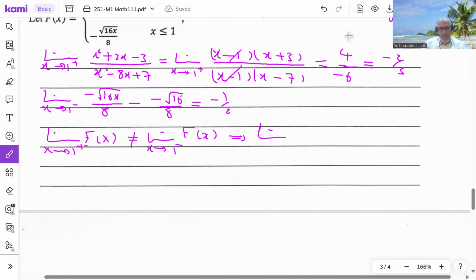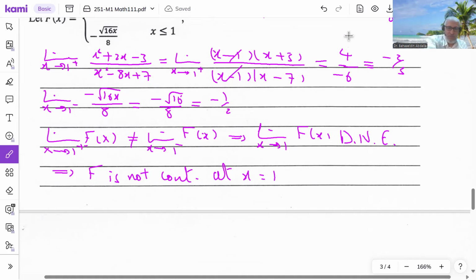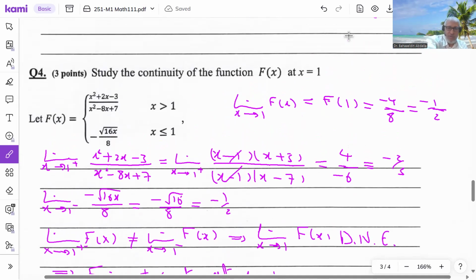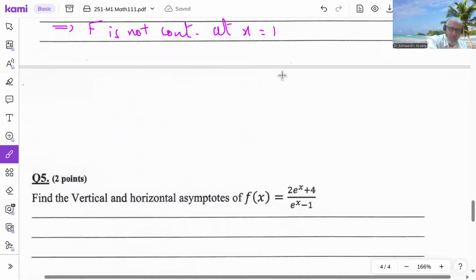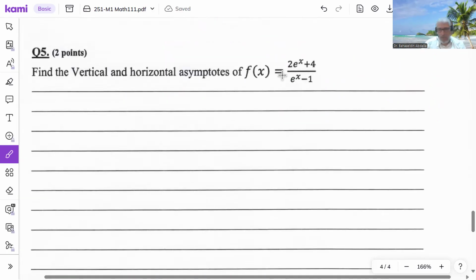This means that the limit of f of x when x approaches 1 does not exist. And this means that f is not continuous at x equals 1. So study the continuity. The function is not continuous at x equals 1.